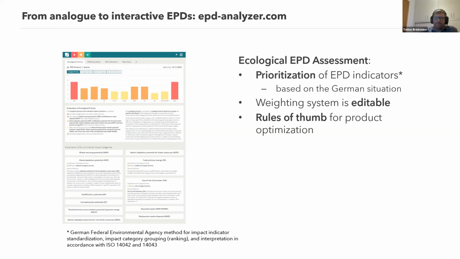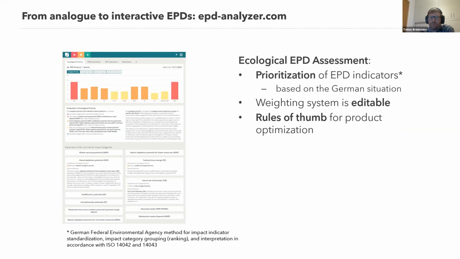And also they would like to know which of all these numbers or impact indicators is important to my company. So we introduced quite an old ecological assessment method from the German Environmental Agency, and adapted it to the EPD system.